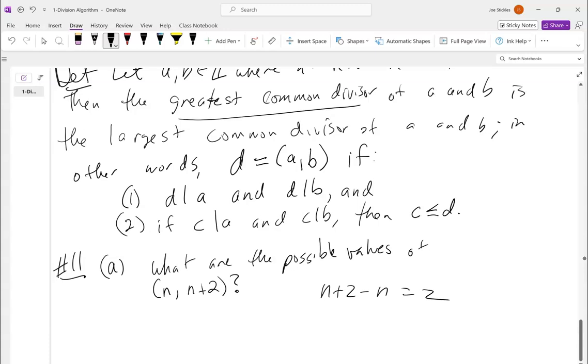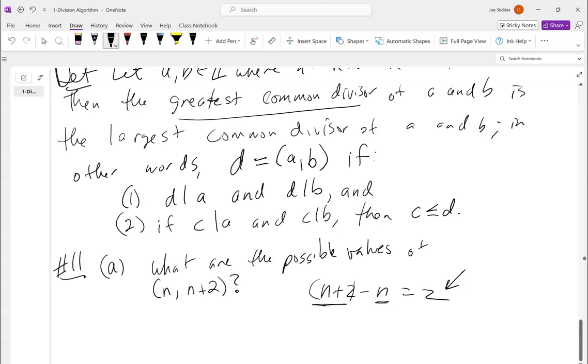So now again, GCD is greatest common divisor, but let's think about it just in terms of common divisors. If something divides n plus 2 and something divides n, what else is it going to have to divide? If it divides this piece and this piece, it has to divide their sum or their difference.